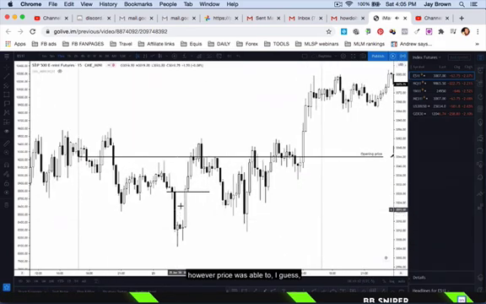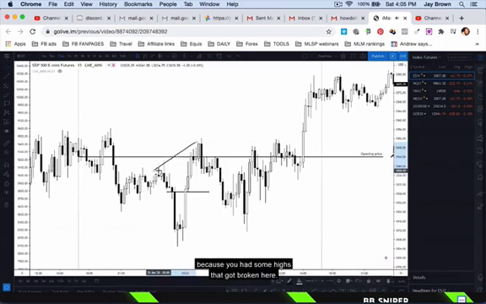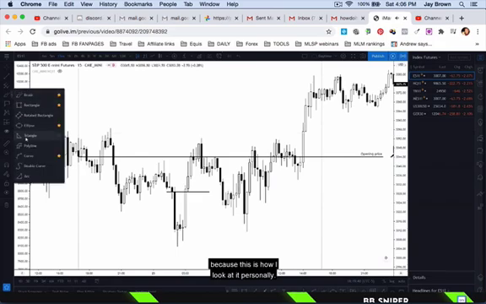However, price was able to, for those of you who like the break of structure, here's your break of structure because you had some highs that got broken here. If we have a break of structure, you can anticipate that smart money is now in the move. Let me put that up here because this is how I look at it personally.